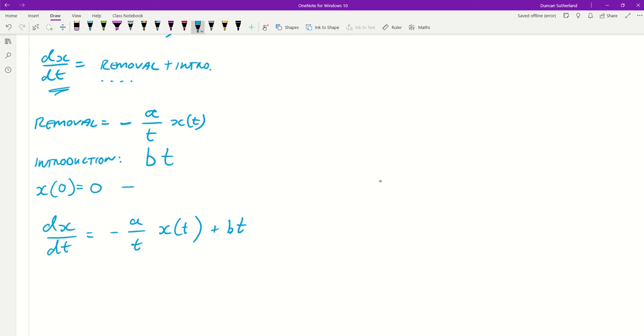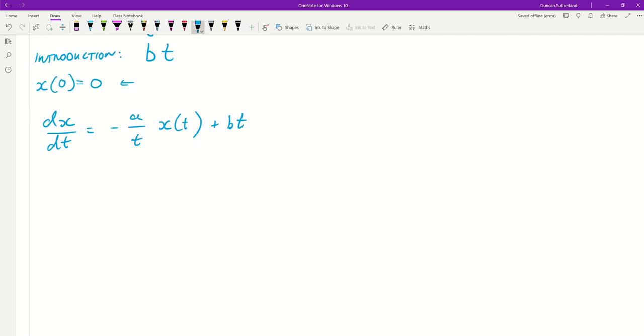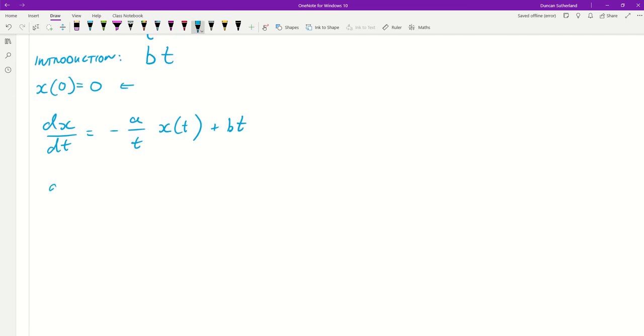Right, with this initial condition, we've got enough information to solve this problem completely. This is a first order linear ODE, so we rearrange to the canonical form. We identify our functions p and q, that's our common terminology for the canonical form, and we write down our integrating factor.